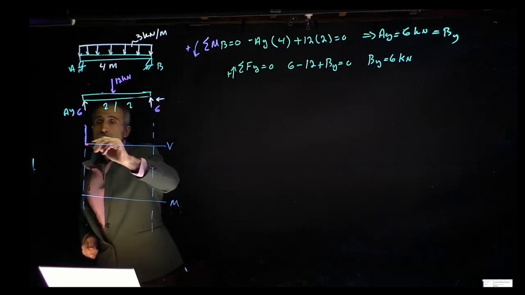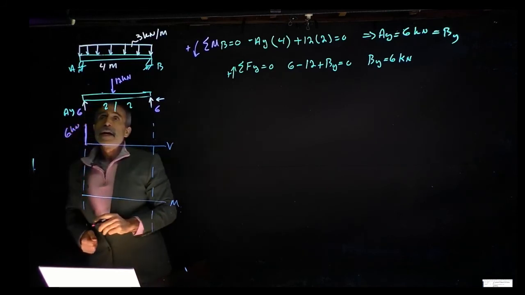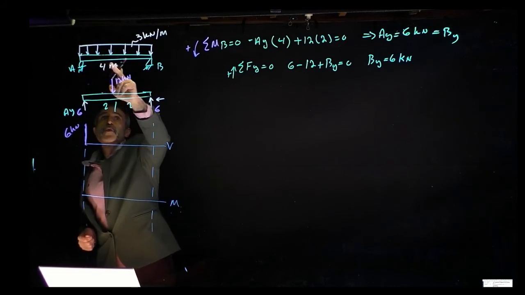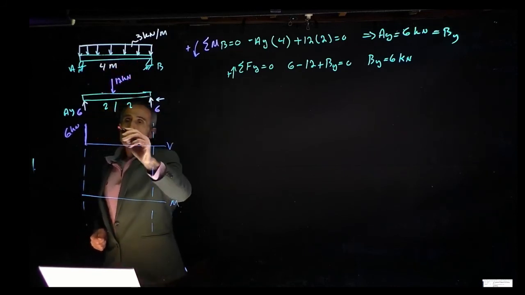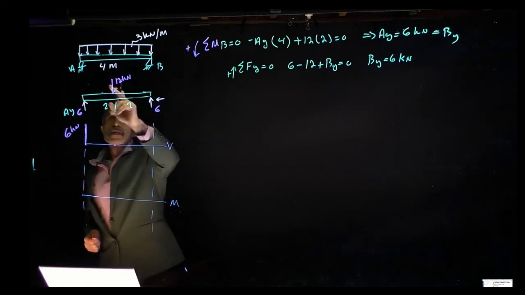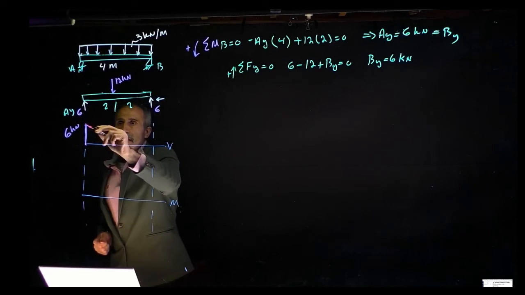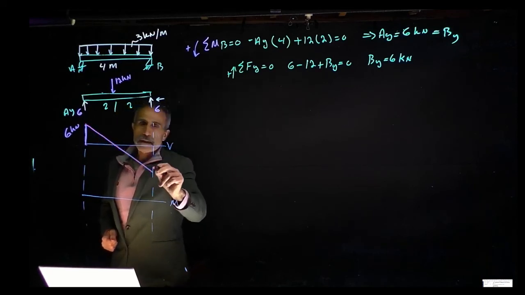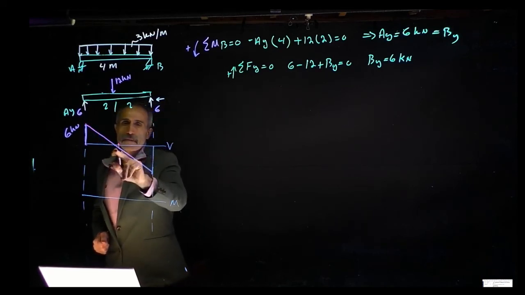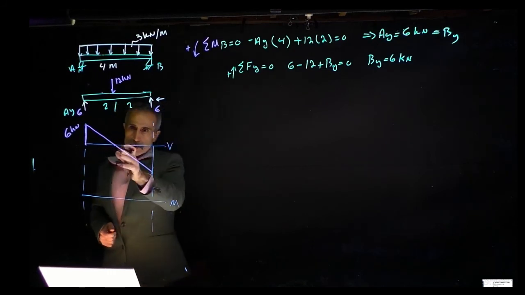So if I'm going up right here at 6 kilonewton, and it's coming down 3 kilonewton per meter, by the time I get here, it's what? It'd be 3 times 2 is 6. So that'd be the center. It's going to come down like that, and it's going to go up like that. And that's what it's going to be, 0 right down the middle, assuming that's the middle.